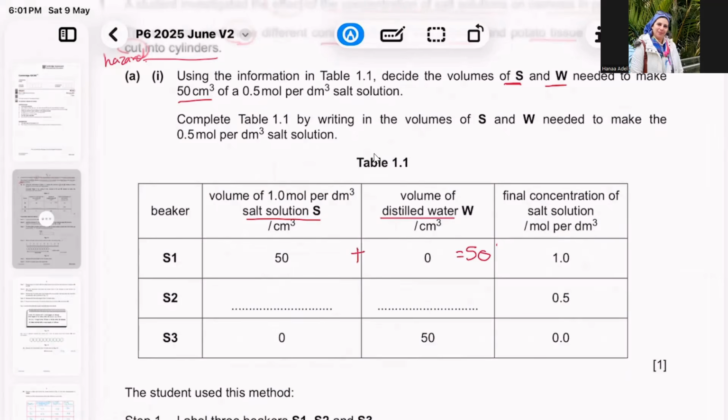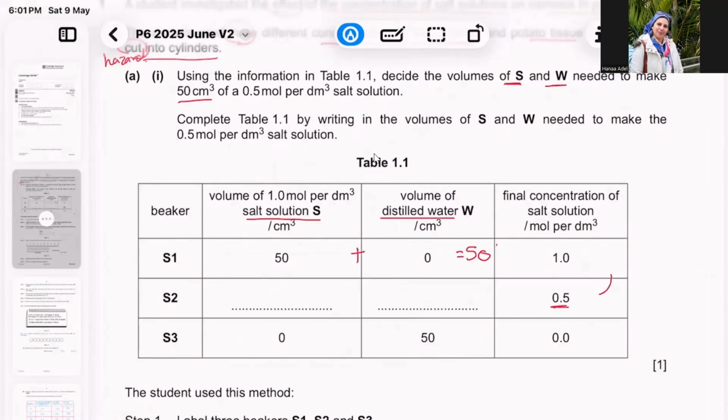And he wants us to calculate how many cubic centimeters of salt solution and how many cubic centimeters of distilled water are added to make the 0.5 concentration.